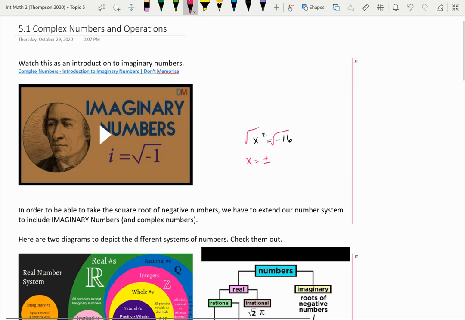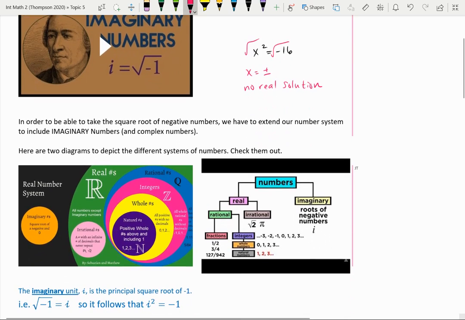And then when I was taking the square root of a negative number, we were writing no real solution, because there is no real number that is the square root of negative 16. Well, today we are going to expand our number system to include the complex numbers and the imaginary numbers. And now we are going to be able to actually solve a problem like x squared equals negative 16.